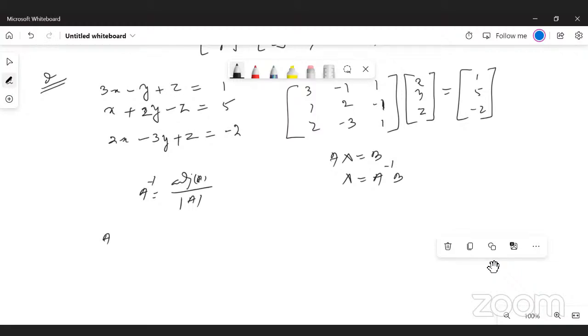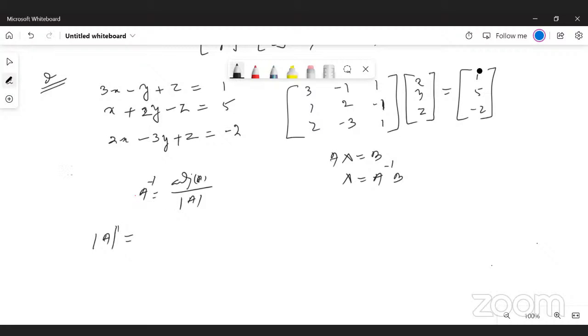So what is the determinant value? Someone says -7, someone says 11.